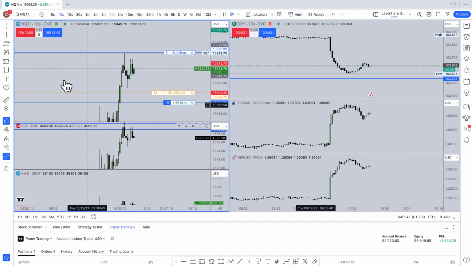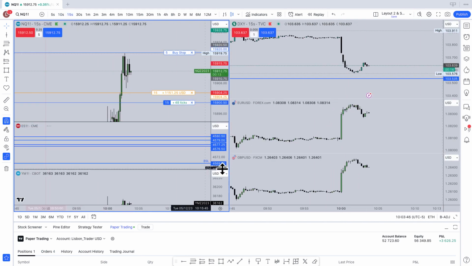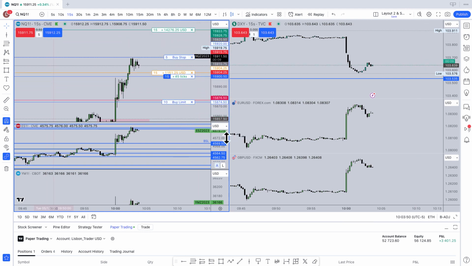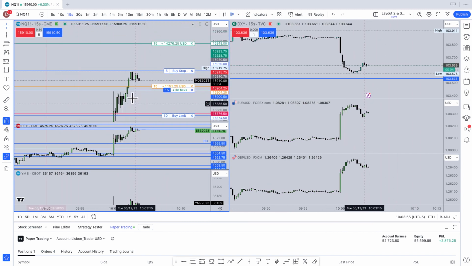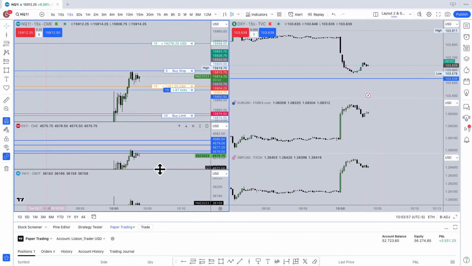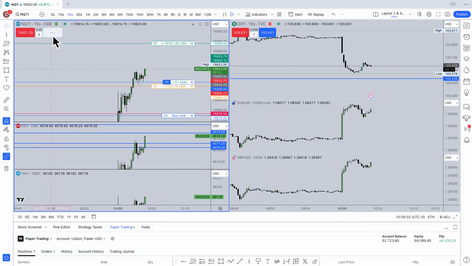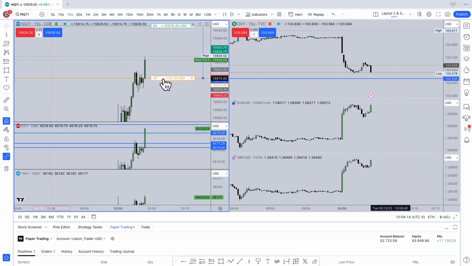So what we have here on the 15 seconds. Yeah, it took the buy side. It is still bullish, so it should not turn at this moment. So risk is now 10k. We are pushing higher.